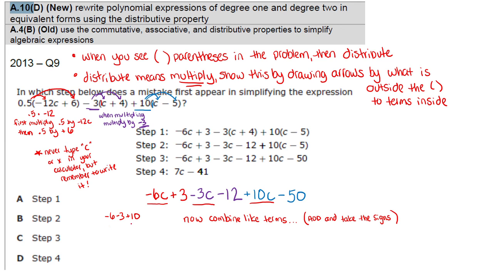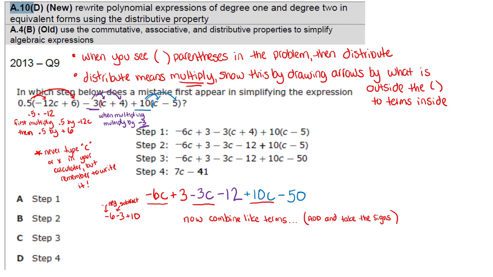But if I'm writing it out like this, if I'm using a calculator, you have to type in the negative sign with the 6 because it's my first term, and then a subtraction sign with your second term because it's not your first term. So this makes a big difference when you're typing your answer in your calculator. Because if you try to do both of these as minus or both of these as negatives, you're going to get a wrong answer or an error in your calculator.